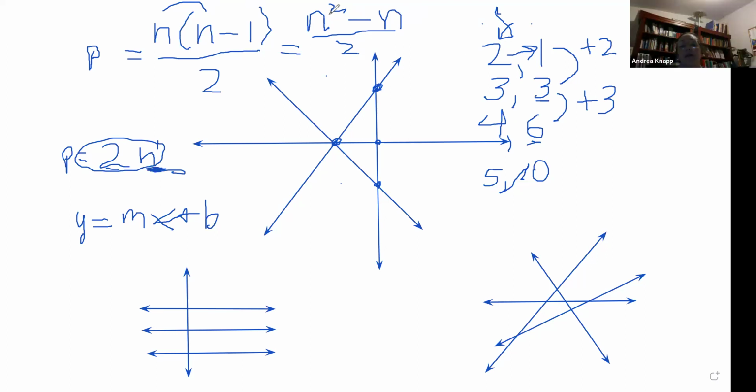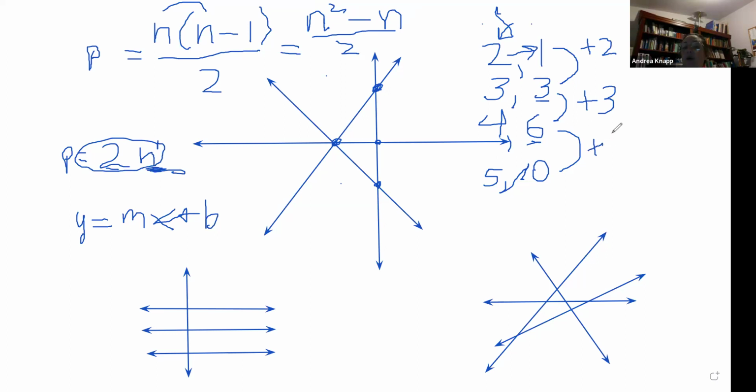Okay, let's try it on the next one. 4 squared is 16. Minus 4 is 12. Cut in half is 6. So that works. Let's try 5 and 10. That was my conjecture. 5 squared is 25. Minus 5 is 20. Cut in half. Boom. There it is. So my thought worked.